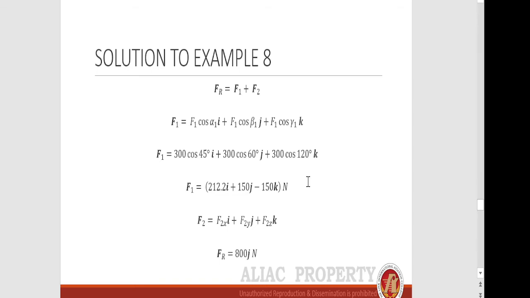So formula again, the resultant force Fr is the addition of force F1 plus force F2, or vector F1 plus vector F2. In the Cartesian form, substitute again, F1 should be equal to F1 cos alpha 1 i, F1 cos beta 1 j plus F1 cos gamma 1 k.